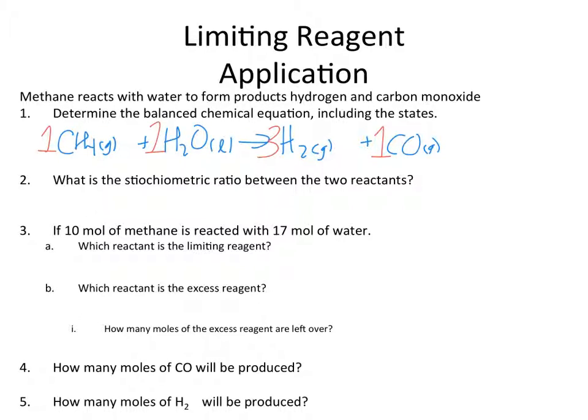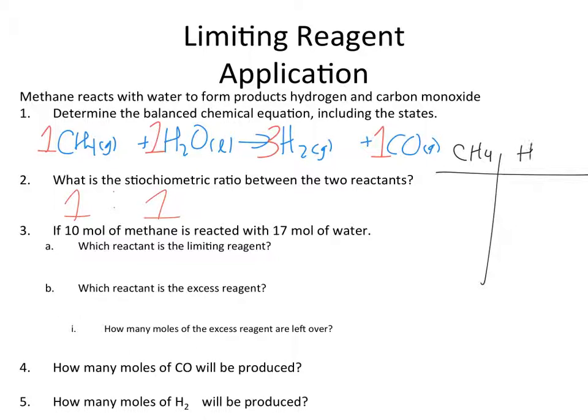So what is the stoichiometric ratio between the two reactants? Our reactants again being CH4 and H2O. It is a 1 to 1 ratio, and that just comes from the balanced coefficients. So when it comes to a question like this, if we have 10 moles of methane reacting with 17 moles of water, which one is the limiting reagent? Well, I'm just going to do a little hypothetical situation here.